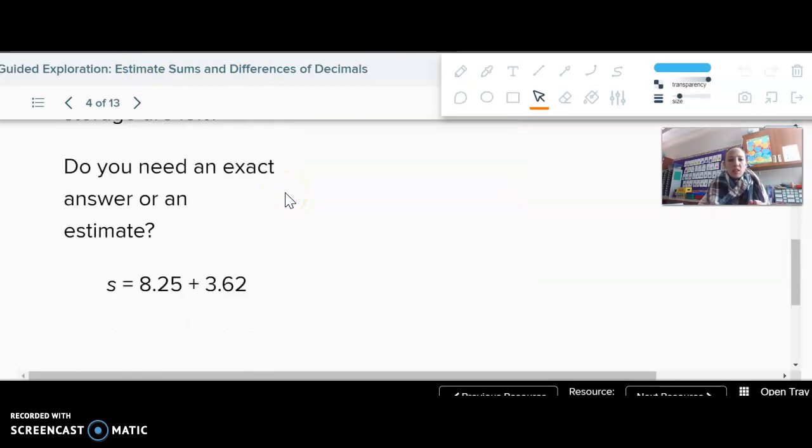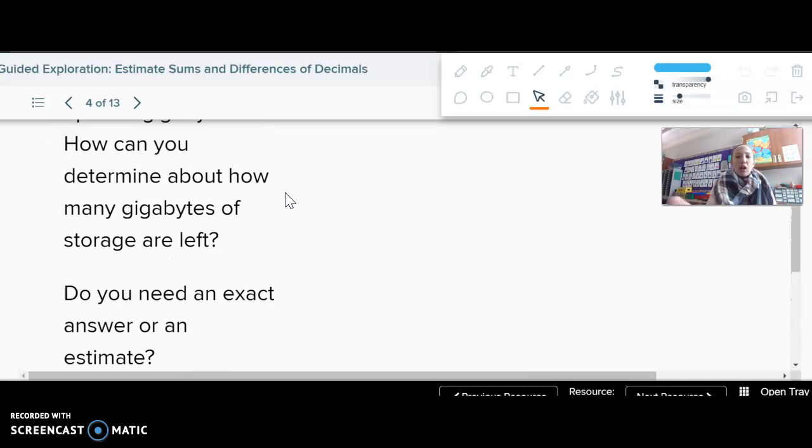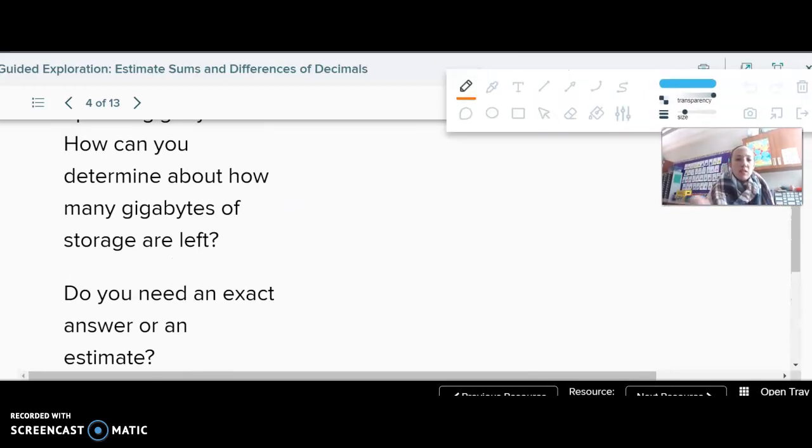So then, do we need an exact answer or an estimate? Well, if it says about how many are left, we just need an estimate. So on your notes, in your blank, it says sometimes we need an blank and sometimes we can blank.